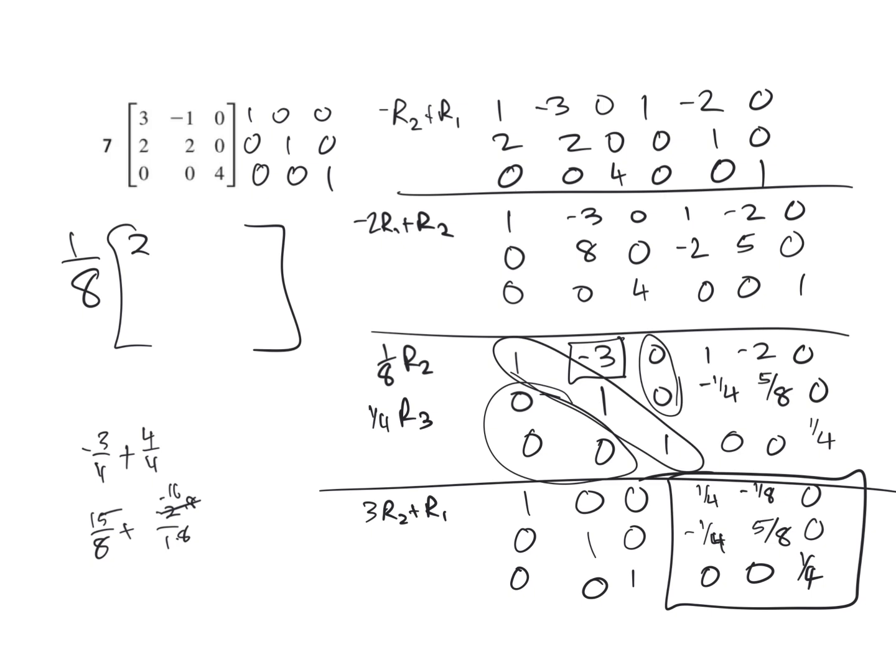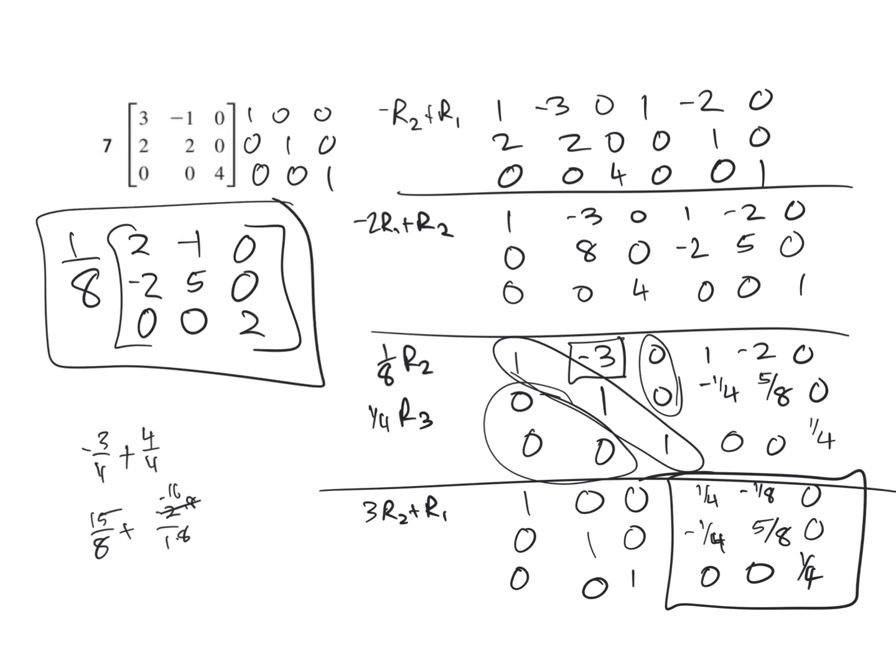So 1/8 times a number is going to give me negative 1/8. All right, so negative 1, and then 0. And again, this will be negative 2 5/8. So if I multiplied that by 8, that would get rid of it, right? So if this was a 5, then 5 times 1/8 is 5/8. So figure out how you can get all these things. They take out the fraction in front, so 0, 0, and then this is going to be 2. 2/8 is 1/4. So this is the answer they give in the book, which is a lot nicer numbers, but there's nothing wrong with this right here either.